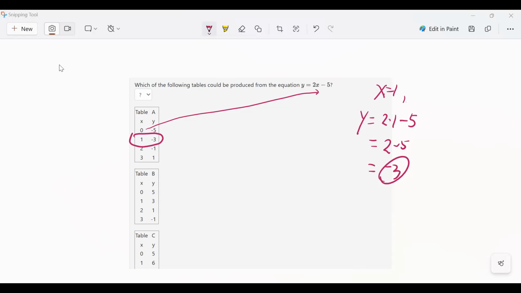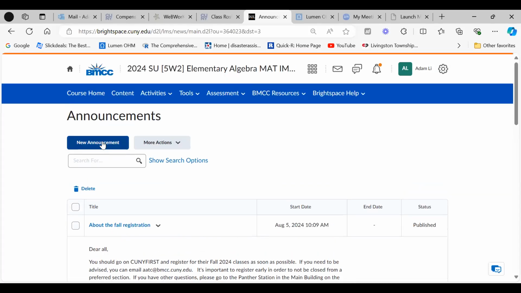If you want more numbers, you can just create more ordered pairs and check them accordingly. And also, I just posted that information in our Brightspace course, which will show you.